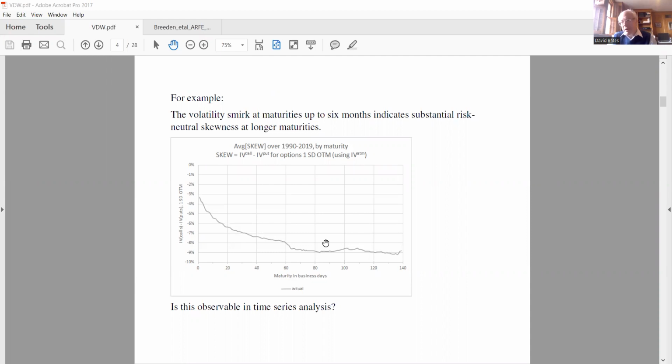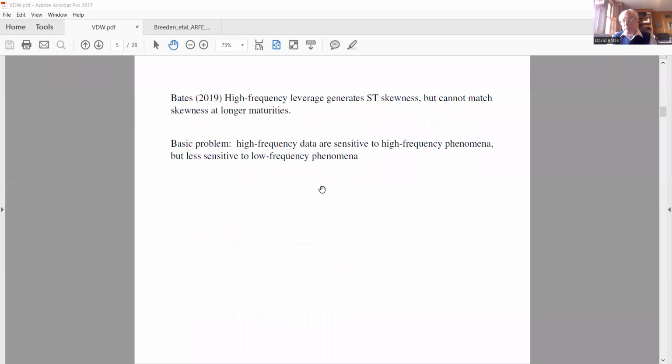That longer-term phenomenon, where the market is falling and volatility is going up, is what I'm interested in, and which I consider a better model of disaster risk than time-varying stochastic intensity rare events. So I want to know whether there's longer-term leverage in time series.